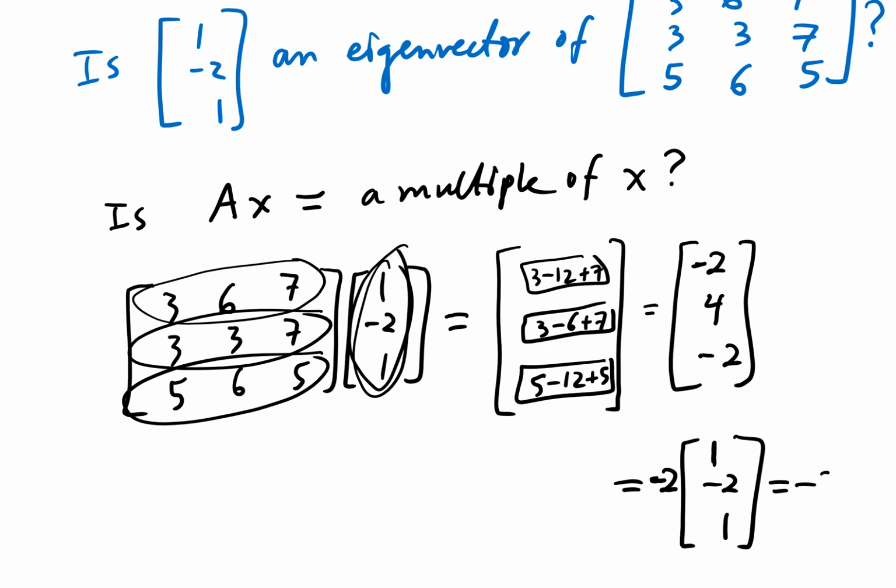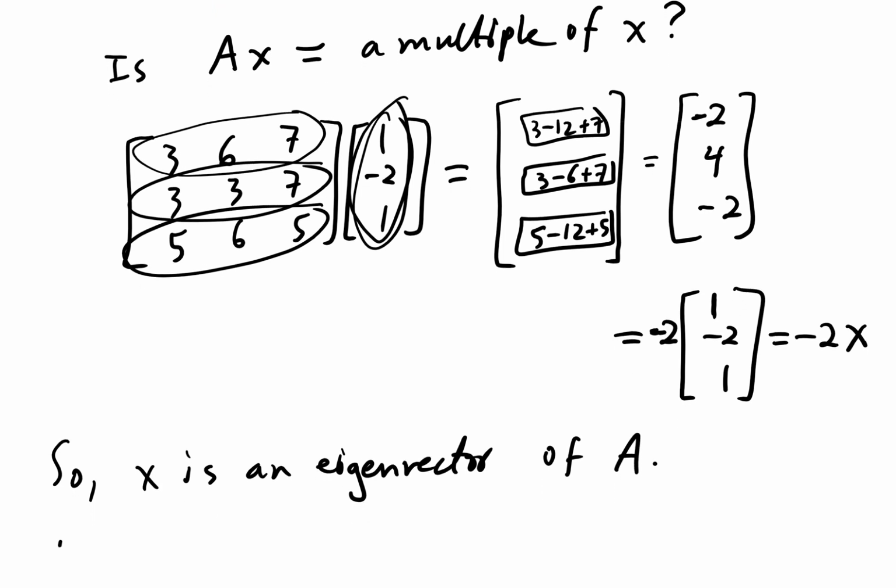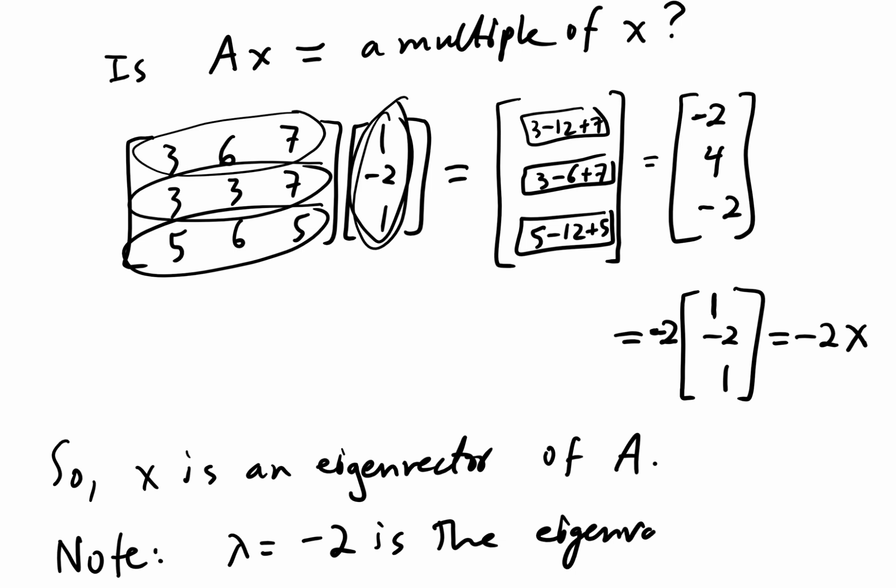So this is basically negative 2 times the vector x itself. So since Ax is a multiple of x, this tells us x is an eigenvector of A. Note, lambda is negative 2 in this case, the eigenvalue.